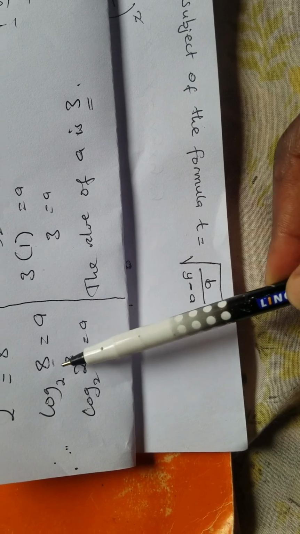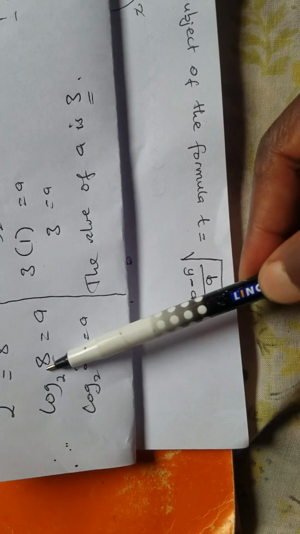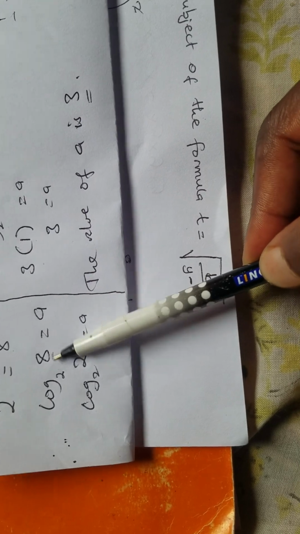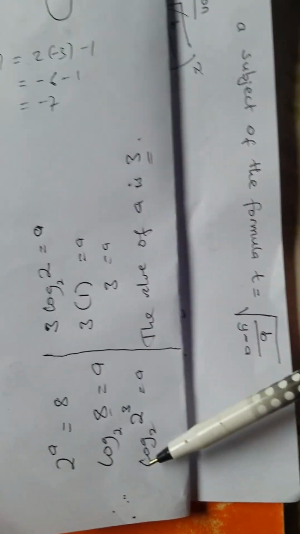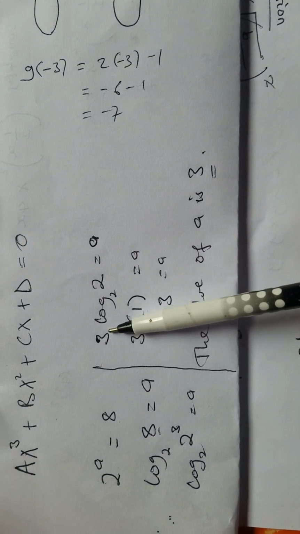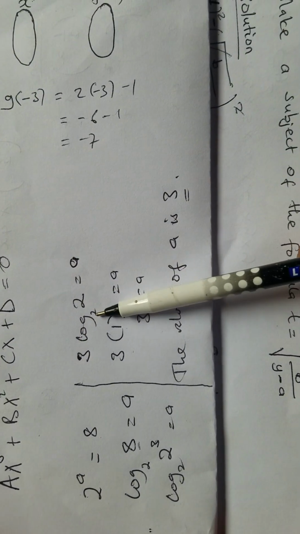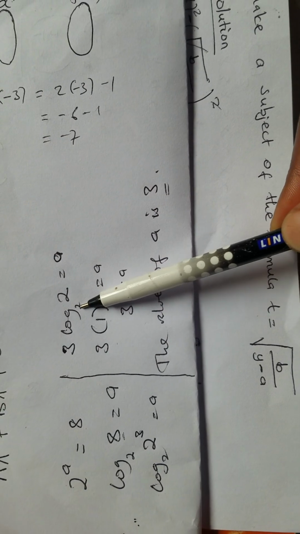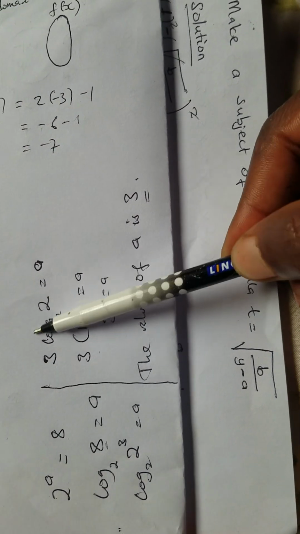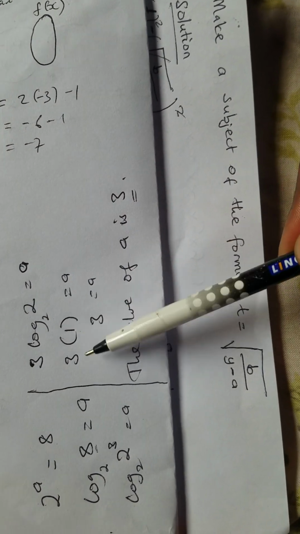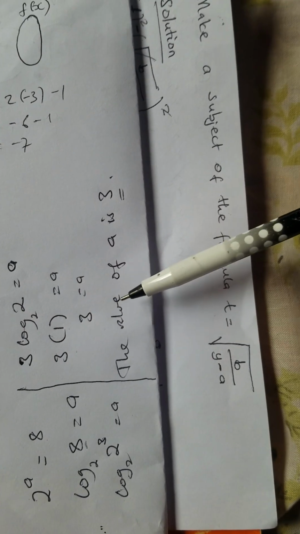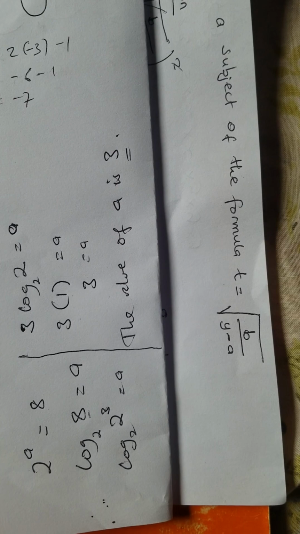Then you simplify this one; it will be 2 to the power 3, since 2 to the power 3 is 8. This 3 then goes to this side, and it will be 3 log 2 base 2 is equal to a. Since this number is equal to the base, you remove it and put 1. 3 multiplied by 1 is 3. So the value of a is 3. Simple.